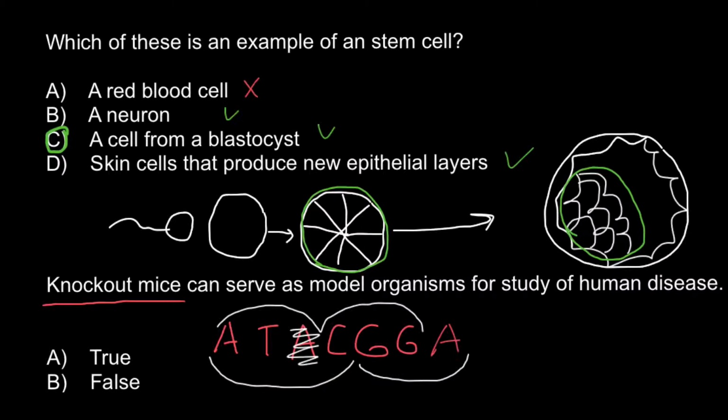And this is also one of the ways we find functions of genes whose functions are not known yet. So as you see, the correct answer would be answer A.